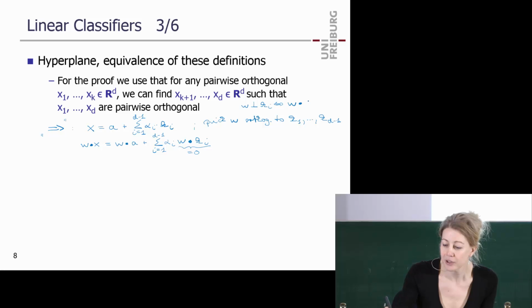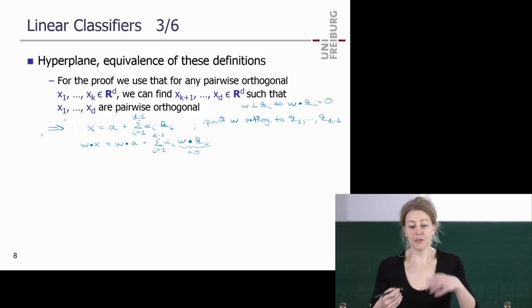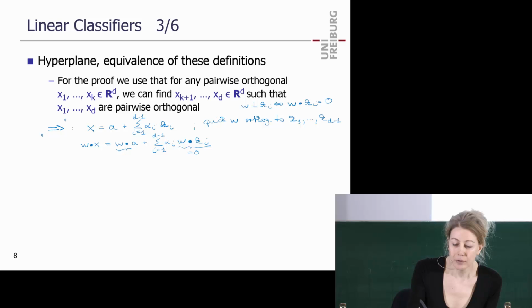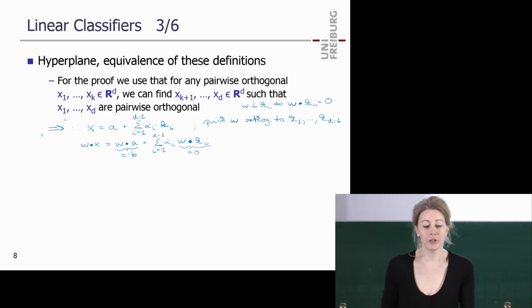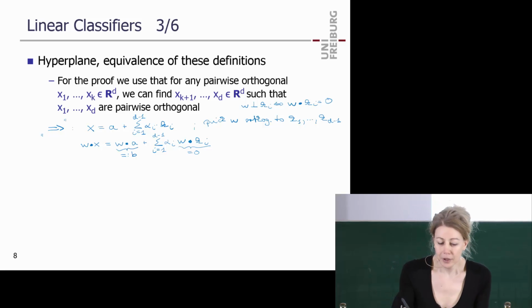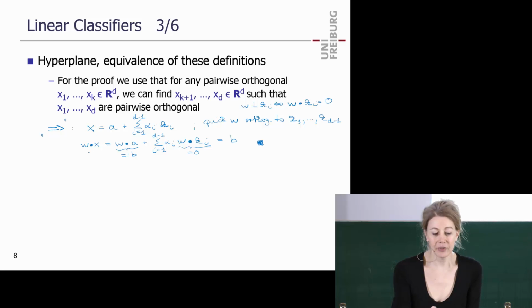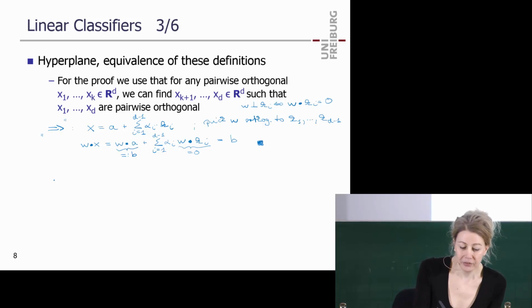Actually, it's equivalent. And the dot product is something we can just compute: the sum of the component-wise products. Here we just define it as our B, which is the dot product of w with a. So if you have a point like this, then this is satisfied.